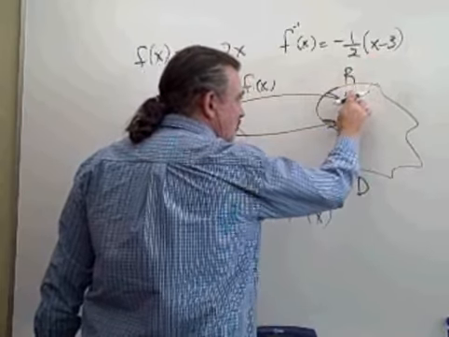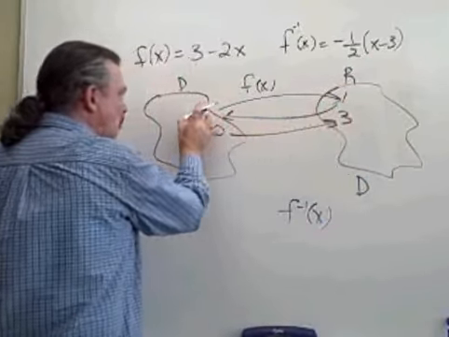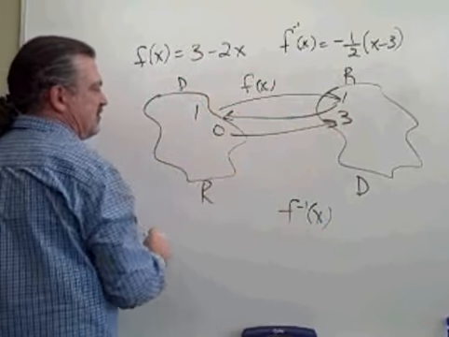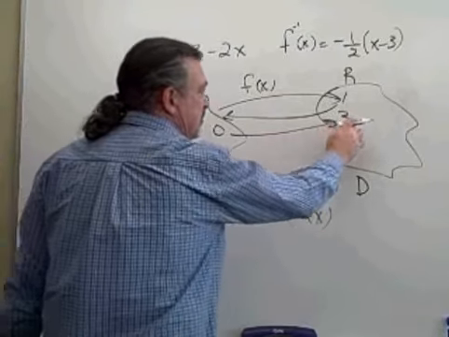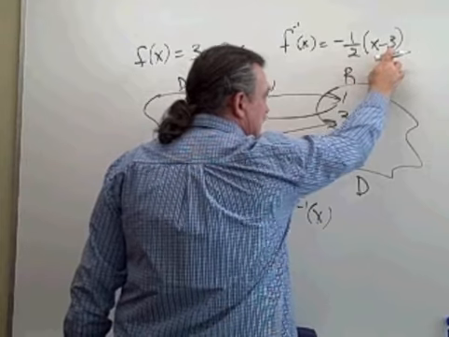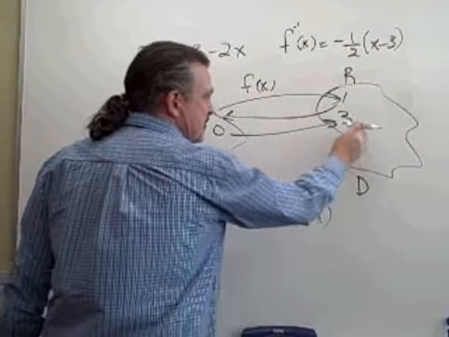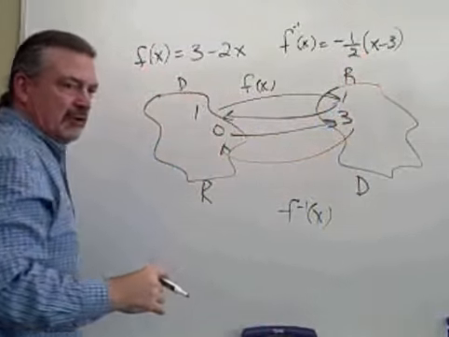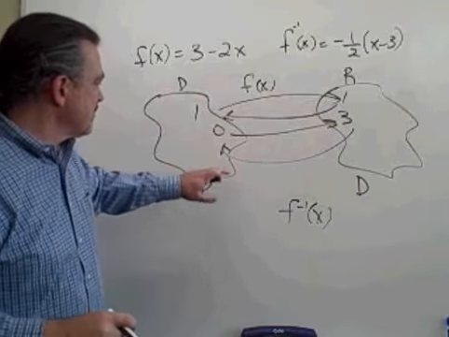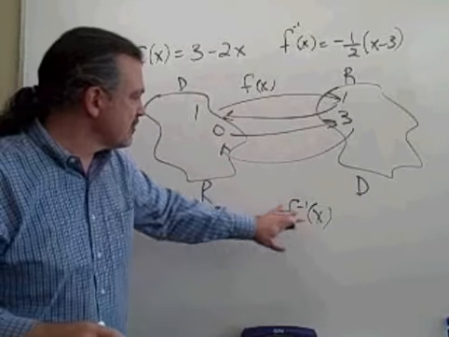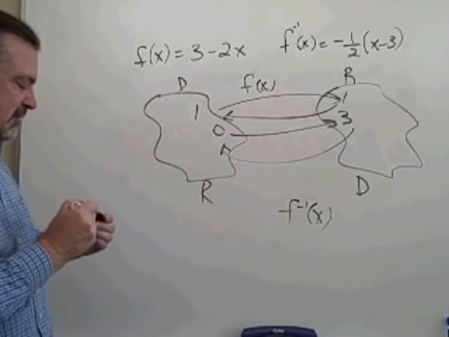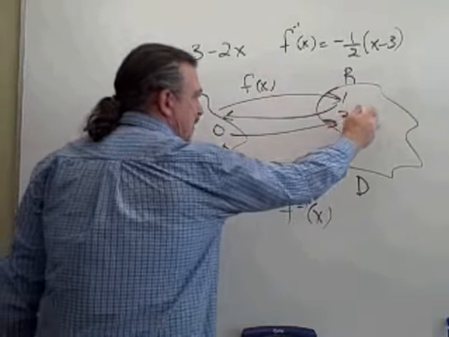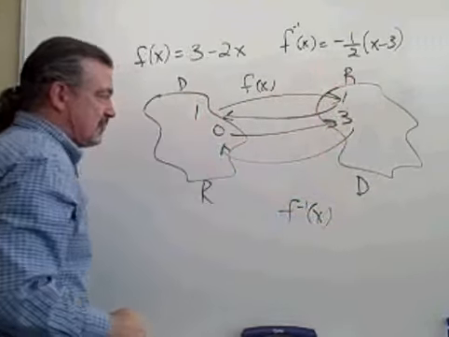And putting that value of 1 in for the domain maps it back to 1 here, which was in the domain of f, which is now the range of f inverse. Same way with 3. If I put in 3, 3 minus 3 is 0. -1/2 times 0 is 0. So using 3 as the domain value in the inverse function maps back to 0 in the domain of the original function. So the range of the inverse is the domain of the original function. The domain of the original function is the range of the inverse function. The range of the original function is the domain of the inverse function.